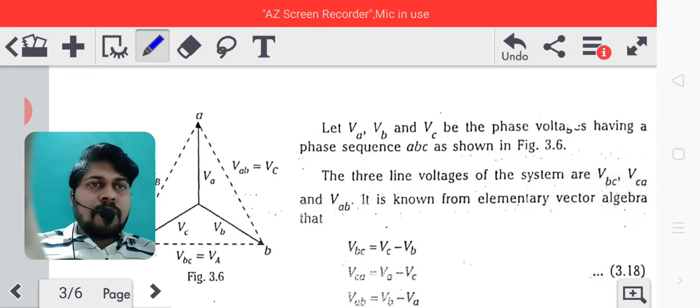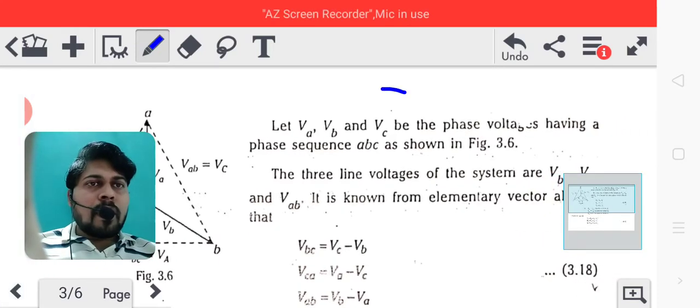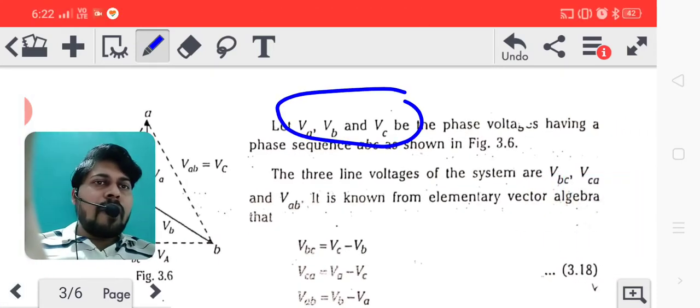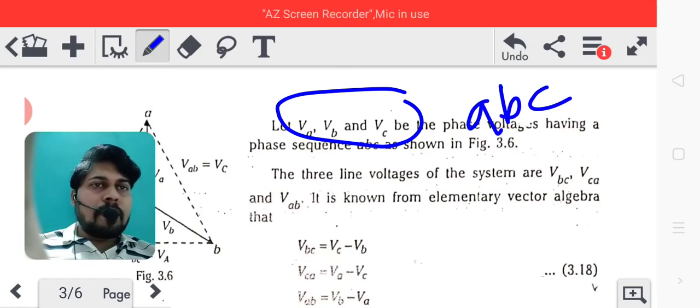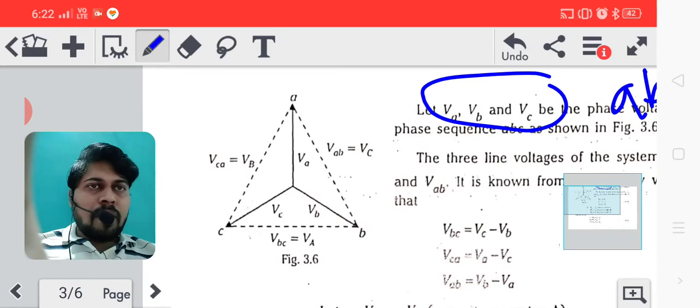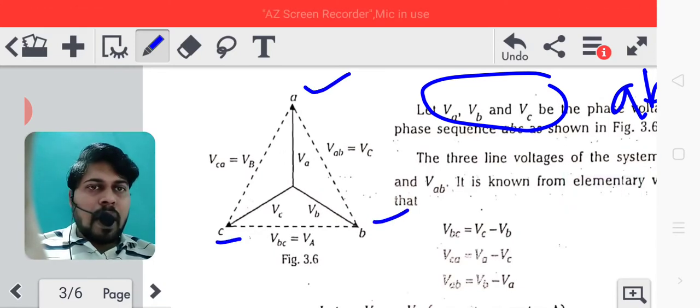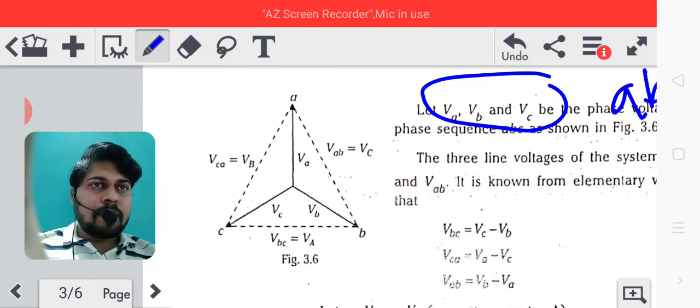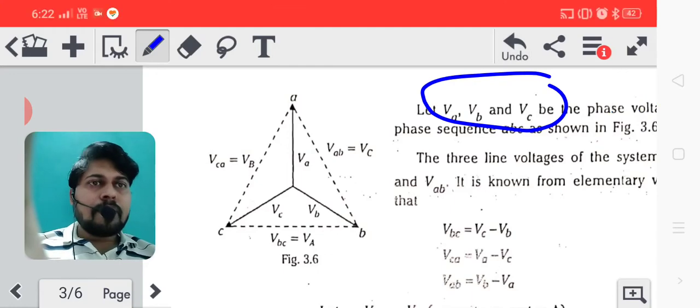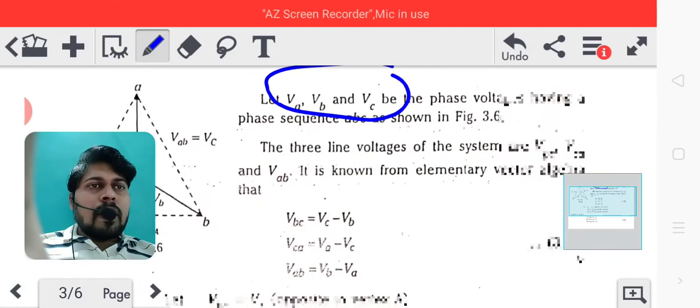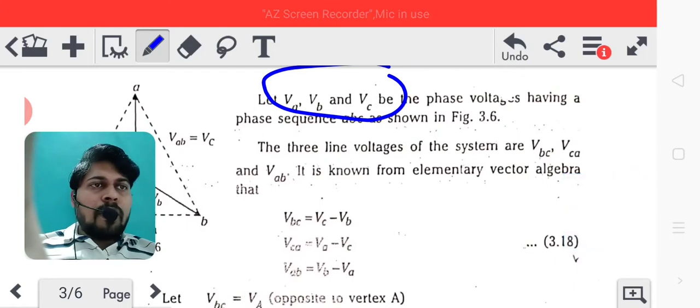Let us take Va, Vb, Vc as the phase voltages having the phase sequence A, B, C. You can observe here the phase sequence A, B and C. The three line voltages of the system are VBC, VCA and VAB.